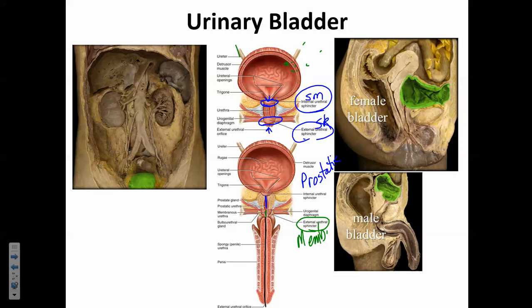It surrounds the membranous urethra. Okay, and then the last part of the urethra runs through the penis, so that's the penile urethra. And then the orifice, of course, is at the end of that. But we'll see all of this again when we do the reproductive system, because in males, the urethra is urinary and reproductive. Okay.